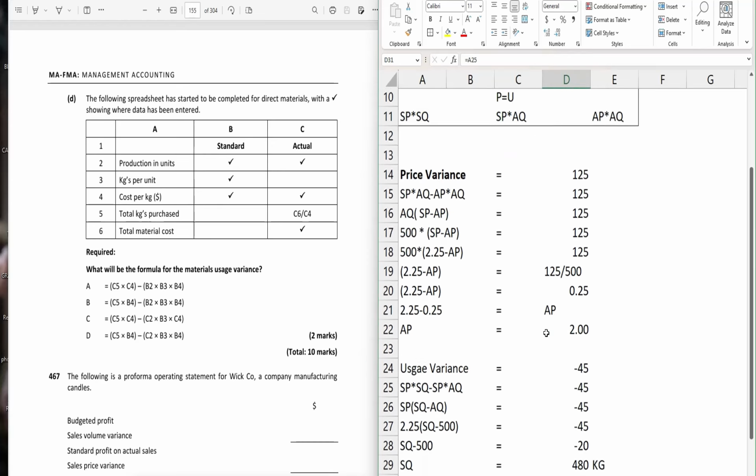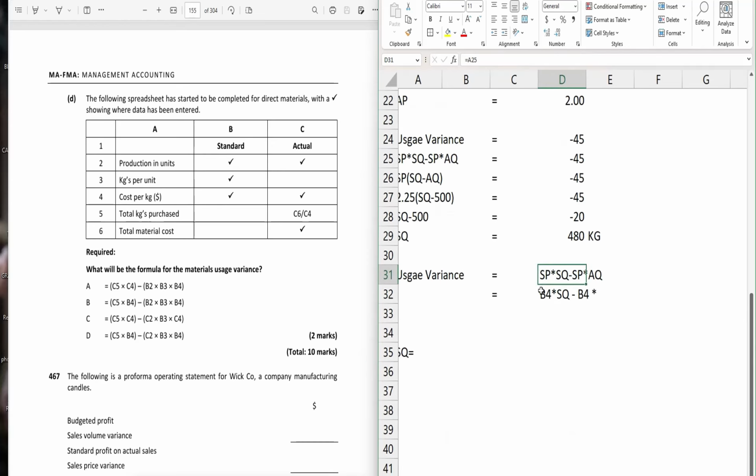So now let's figure out our correct answer. For SP, it's the standard price per kg, and standard price per kg is your standard cost per kg, which is B4. And for SQ, it's the standard quantity for the actual production. What is the standard quantity? Standard quantity for actual production.